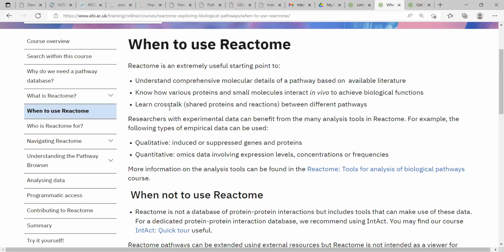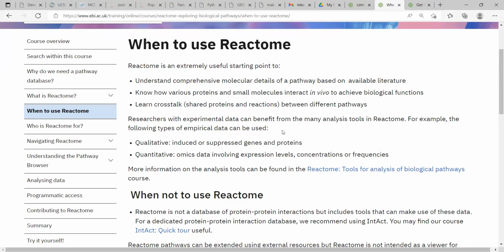The third point is very important. It will help to identify the crosstalk between different pathways, and inside the cell this happens. That means, suppose glycolysis is going on and then the Krebs cycle is going on. Those are two different pathways.